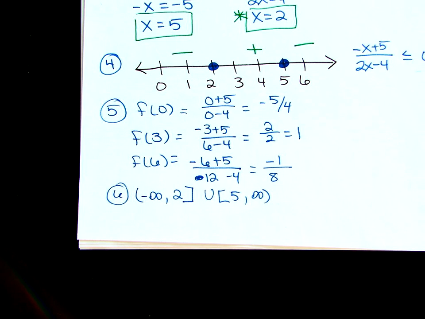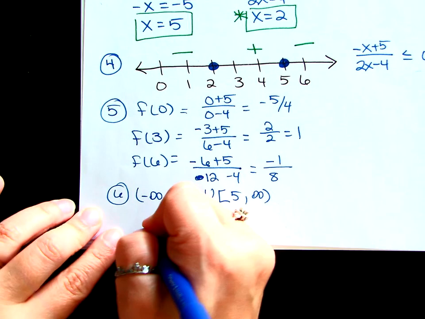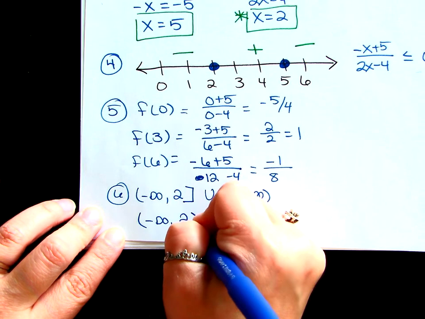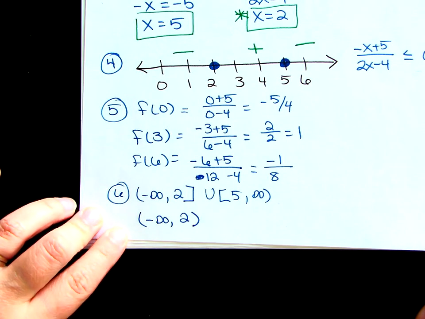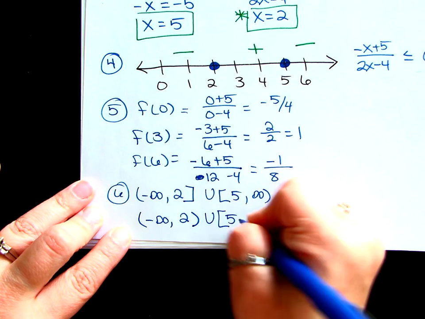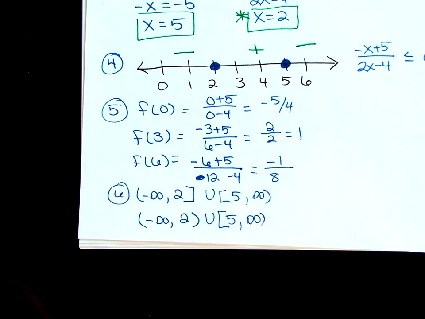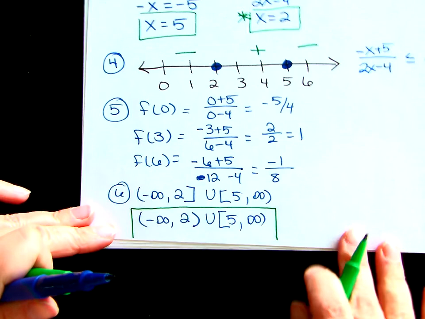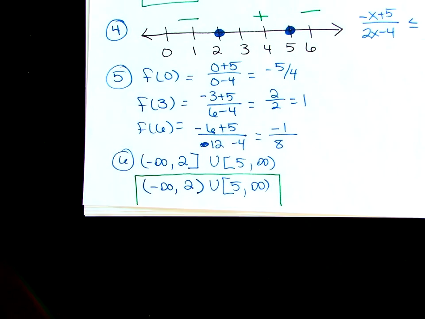Yeah, so we need to take it out, because if we include 2, then we get 0 in the denominator and it causes a problem. So our actual solution interval will go from negative infinity to 2, but we're not going to include it, because if we include it, we have a problem, union 5 to infinity. So we had to take it out so that we didn't have any further issues with our function.